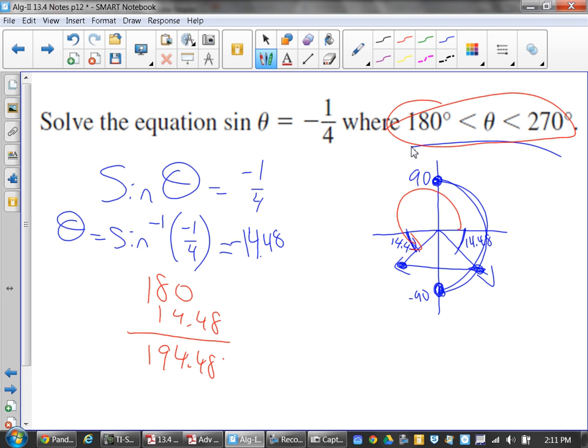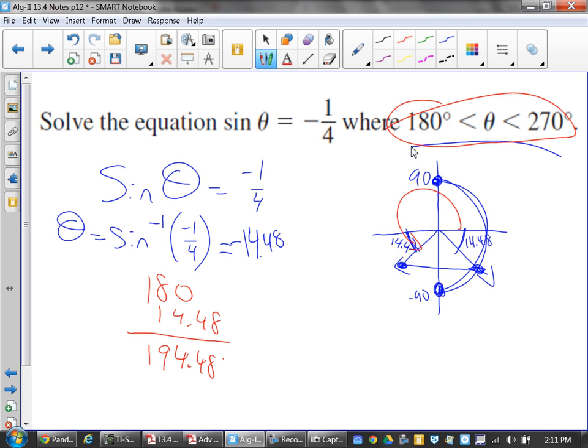To the third quadrant, it's 180 plus your reference. If it's fourth quadrant, it's 360 minus your reference. That's how you found those. That's how we bounced reference angles around before. This is just another way of using it. You're finding another angle that has that same sine value.